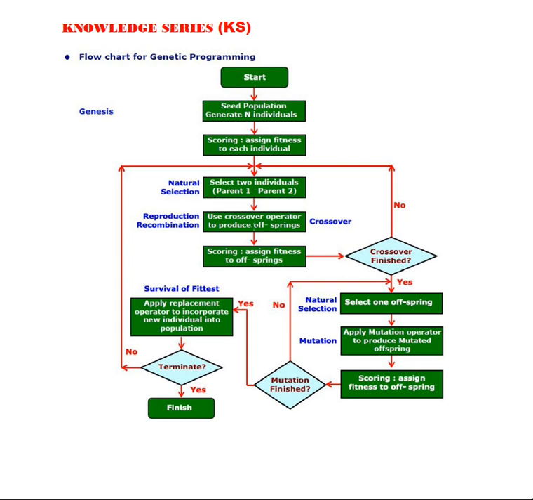And in the population selection phase, the fittest individual is selected for the crossover. So the two parents are selected from the n individuals, and those two individuals are nothing but the two crossover chromosomes.